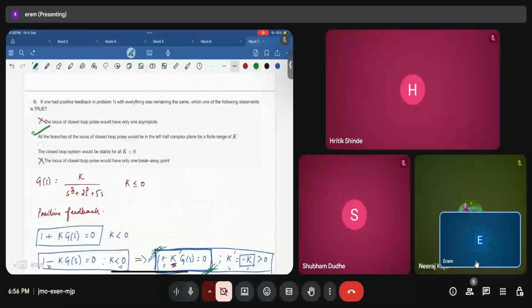What about the third one? Is it so that our root locus will be lying on the LHS for all k?